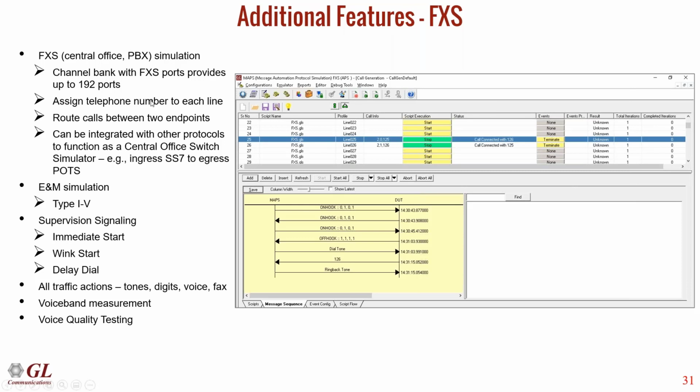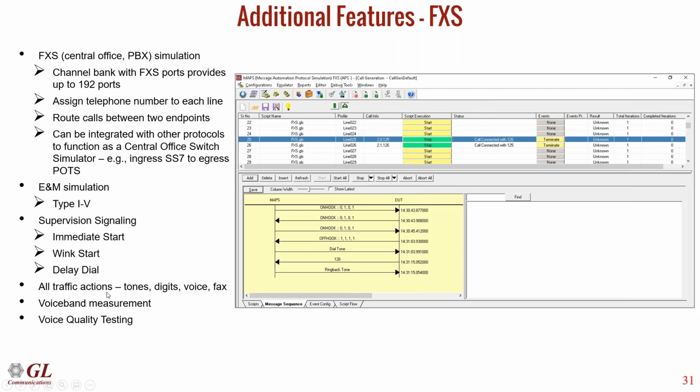So we also have FXS capability, and we have a little screenshot here where we again show the ladder diagram. Again, it's the same MAPS framework. Now we're just running a script to do FXS setup. We can also do E&M simulation, 4-wire E&M.